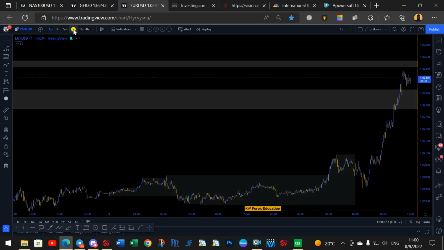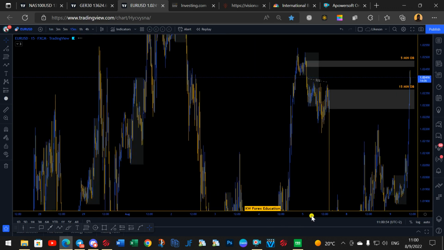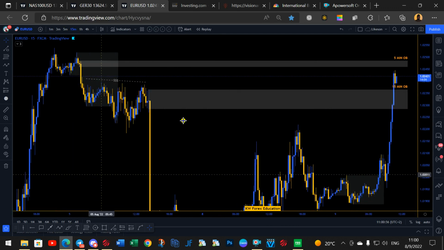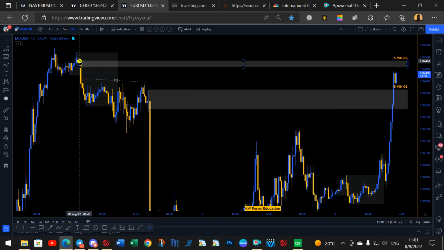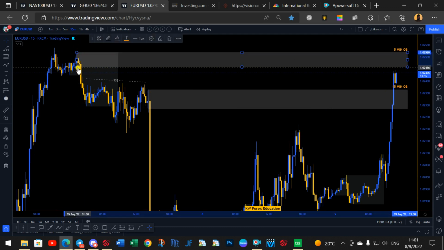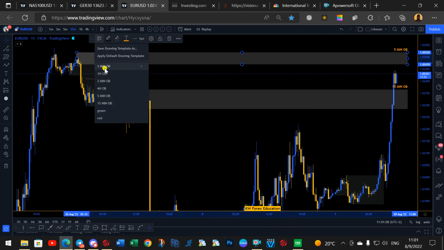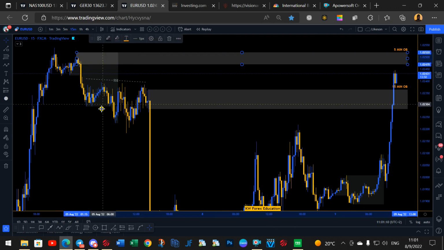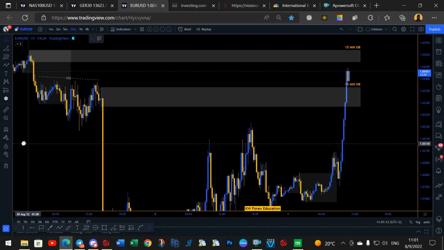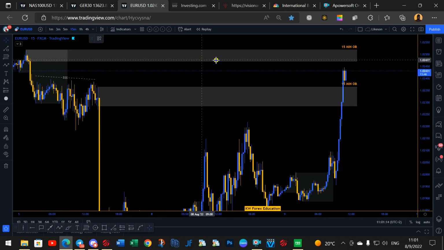What you can also do is, I marked that order block on 5 minutes, but you can also take it to there and change it to a 15 minutes order block. Then you can expect your reaction in there.